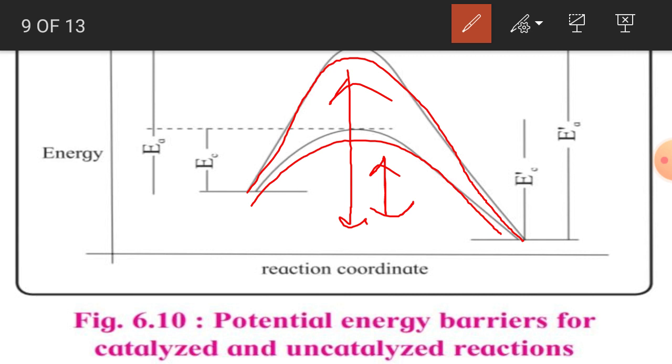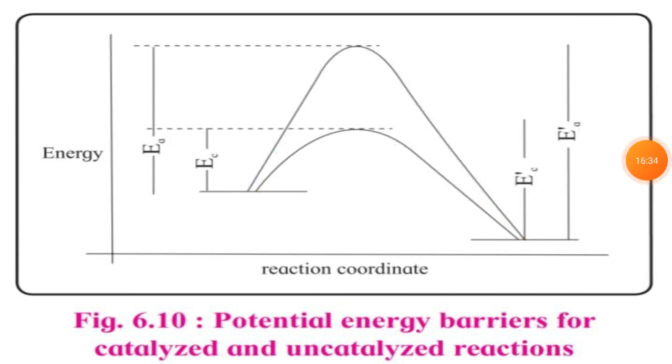So as we have studied in the second example, with the addition of catalyst the activation energy decreases. So here with the addition of catalyst the activation energy is decreasing and we are getting the product earlier as compared to the reaction which is uncatalyzed.